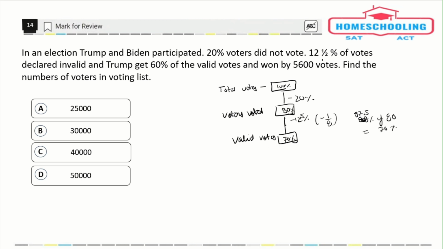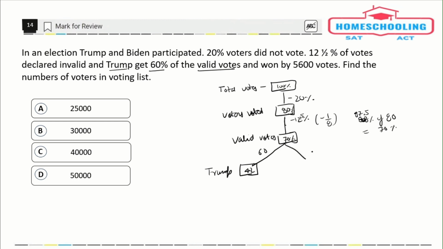Now after that, the question says that Trump gets 60% of valid vote. So 70 are the valid votes. So Trump gets 60% of the valid vote. So 60% of 70 is how much? Let me calculate. 0.6 into 70, that would be 42.